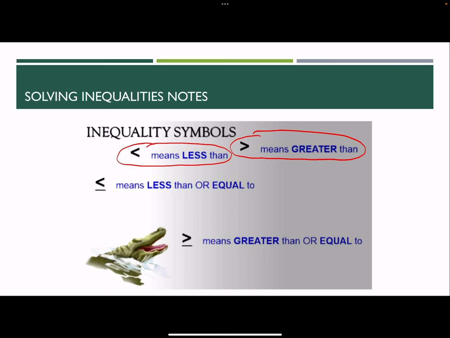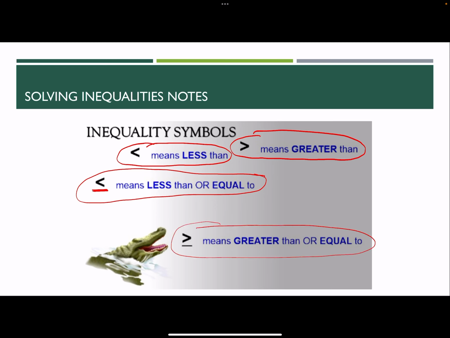Make sure you're copying these down into your notes. And then if I have the line underneath of the less than or greater than symbol, that means less than or equal to. And then we have greater than or equal to. So pause the video here for a minute if you need to, so that you can copy these down.